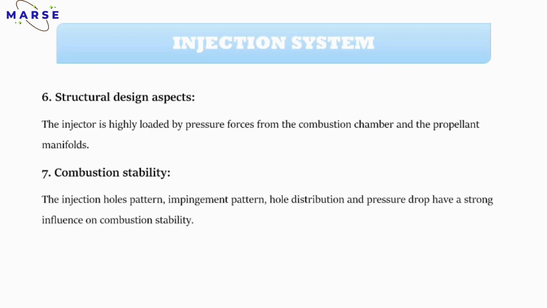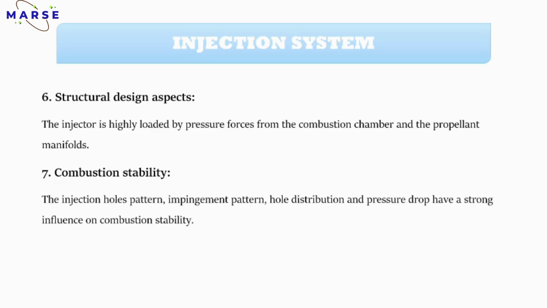Then combustion stability. As I have told you, the combustion should be in a stable condition. If you increase the length of the hole, if you increase or decrease the diameter of it, or if you increase or decrease the impinging angle, these small parameters greatly affect the combustion stability. So it should have a particular, perfect design, and only then will the combustion process be stable.